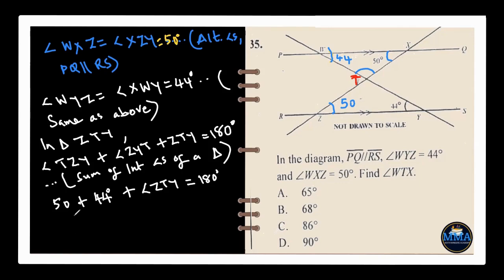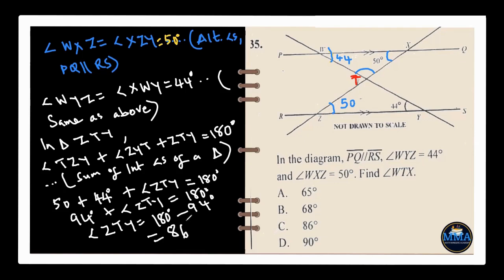So here gives me 94 plus angle ZTY equals 180 degrees. So angle ZTY is going to give me 180 degrees minus 94 degrees, and that gives me 86 degrees. So we'll go and mark the angle that is 86 degrees. So this angle here is 86 degrees.